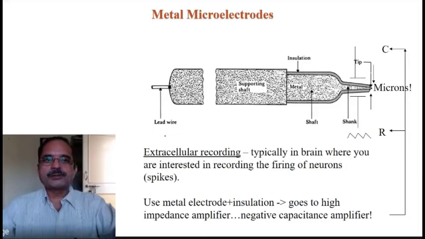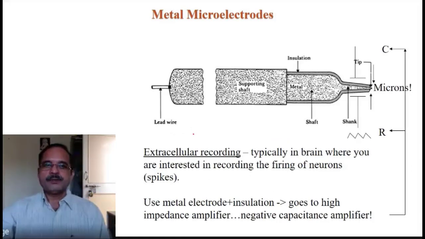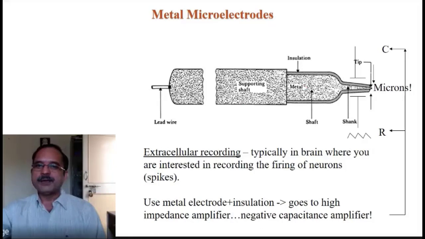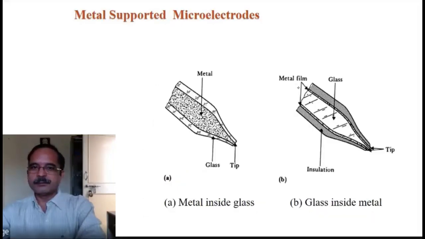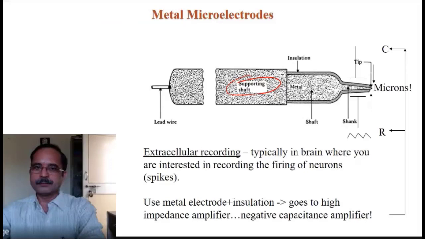Metal microelectrodes. Now this diagram shows the construction of a metal microelectrode. You can see here in the cylindrical shape there is a supporting shaft. Then inside it is the metal.